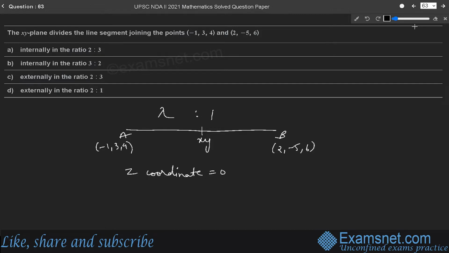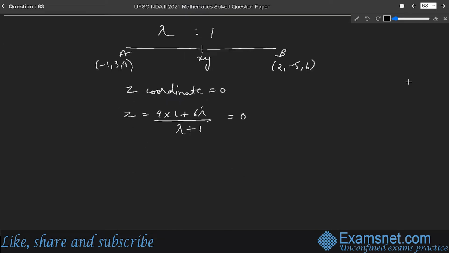So using the section formula only for the Z coordinate, Z = (4 × 1 + 6λ)/(λ + 1), which is equal to 0. On further solving, 6λ = -4, so λ = -2/3.